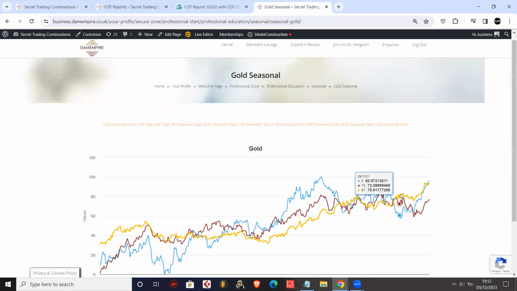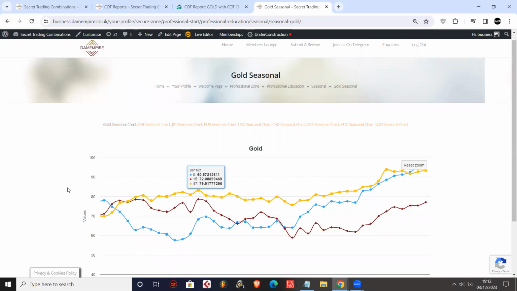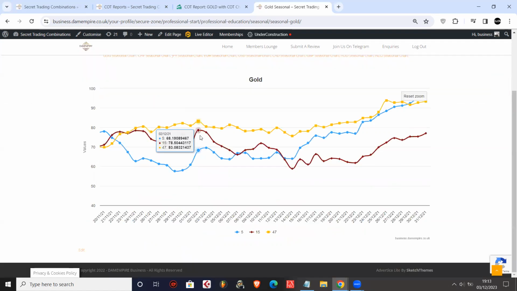So we are on the third, right here. If we look at it for gold, let me just zoom in a little bit. Where we are here right now, on the third, right?